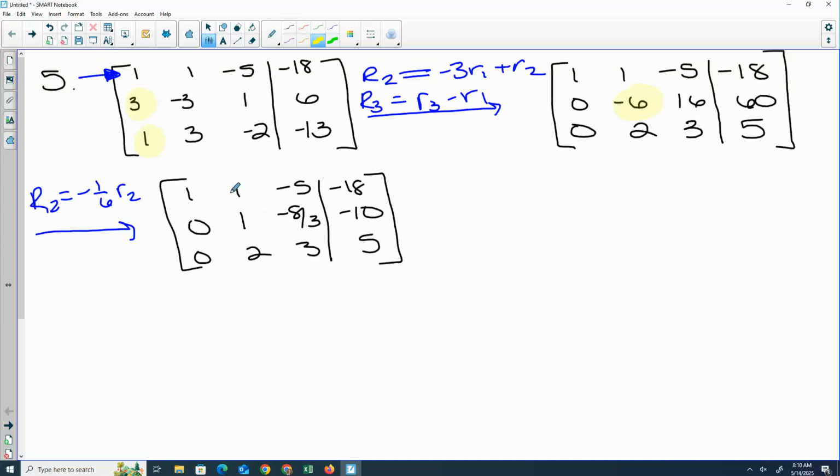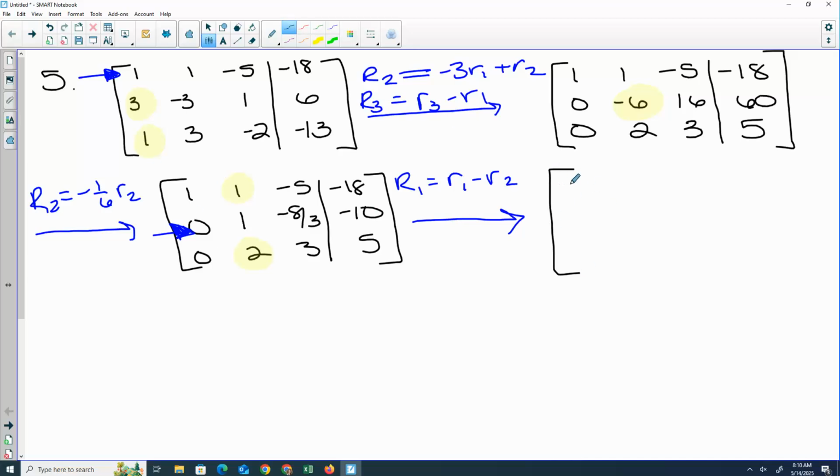So we have our 1, so now we have to get both of these to be 0. To do that, I'm going to be using row 2, because that's the row I'm not changing. So we need to add or subtract multiples of row 2 to get there. So how would you get a 0 in row 1? Just do row 1 minus row 2.